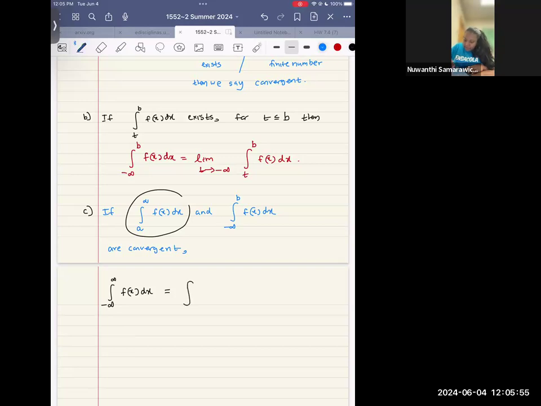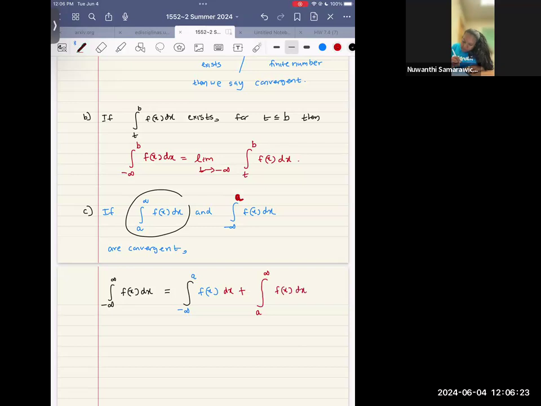we can say, negative infinity to a of f(x) dx, here it should be a, sorry, plus a to infinity.